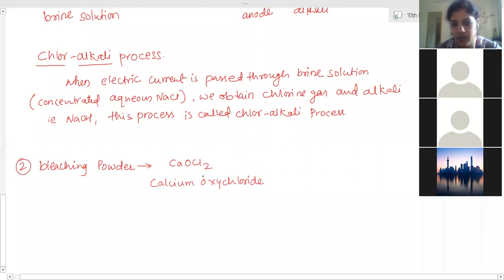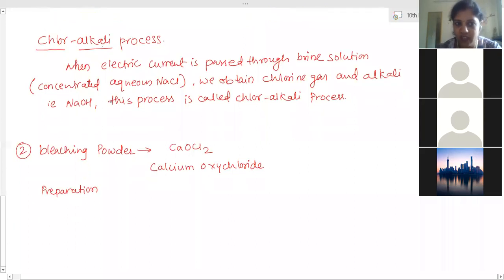In its preparation, the chlorine gas obtained by the electrolysis chloralkali process is used for the preparation of bleaching powder.